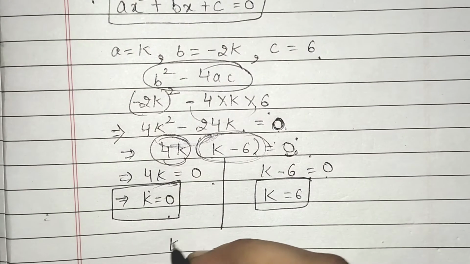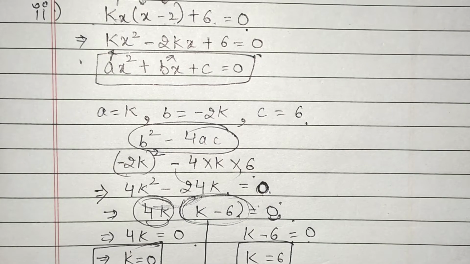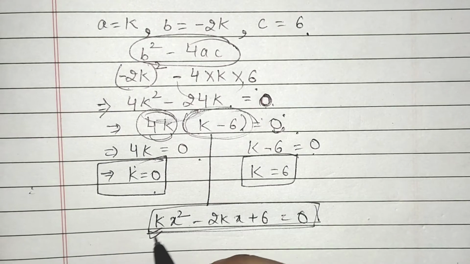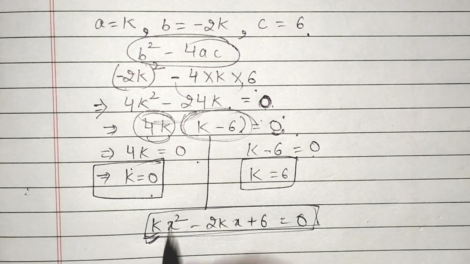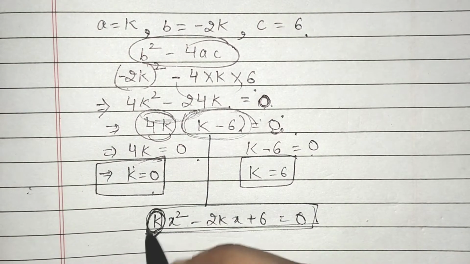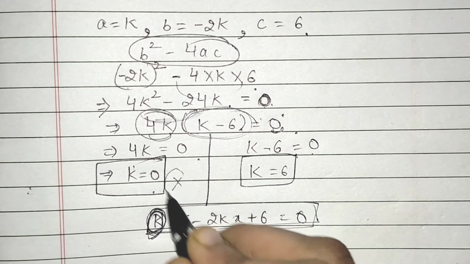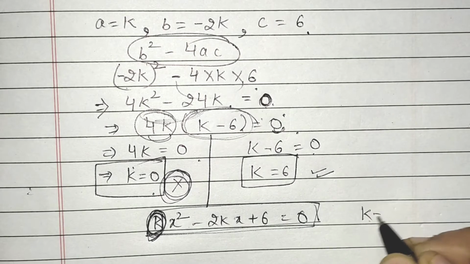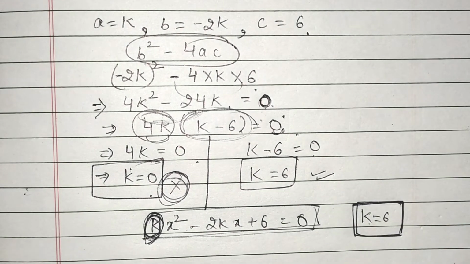See, our quadratic equation is kx square minus 2kx plus 6 is equal to 0. So can my k be 0? I have told you the very first condition for a quadratic equation is that the coefficient of x square cannot be 0. So k is equal to 0 is not possible. So my only possible value for k is 6. So this is going to be my answer.